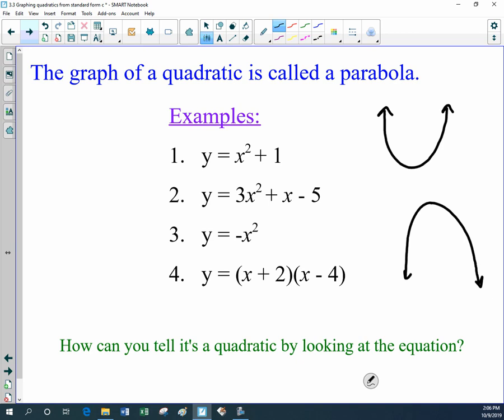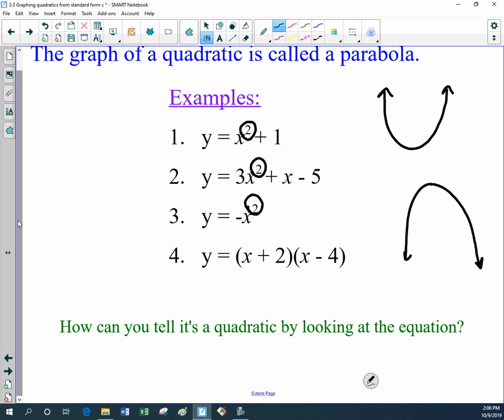And as we look at these examples here, it says how can you tell it's a quadratic by looking at the equation. So if it's a quadratic, it's going to be degree 2. So the first equation, x squared, second equation, x squared, third equation, x squared. The fourth equation, okay, so this is in factored form.